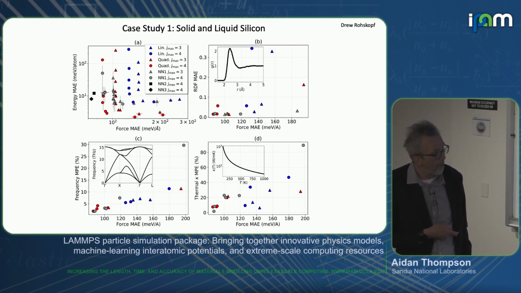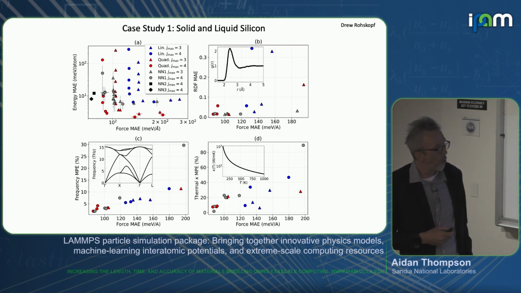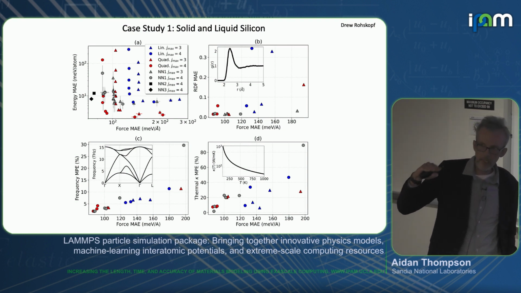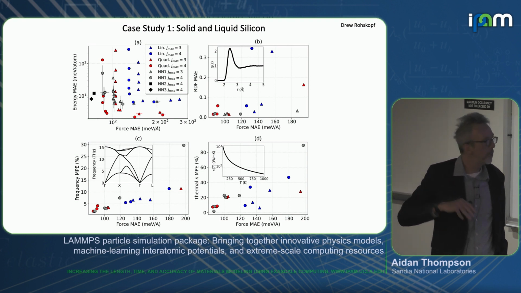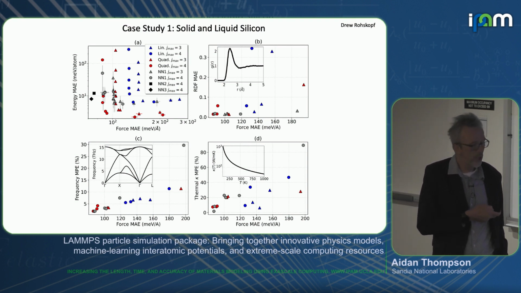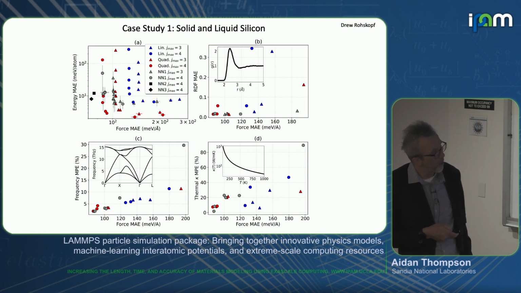And also a Boltzmann method for getting thermal conductivity out of a DFT code. And so once he had those baseline property values from DFT, he was able to then look at how all these different machine learning potentials performed on those tests. And that's what's shown in these other three plots here.